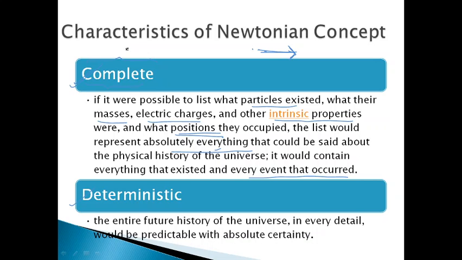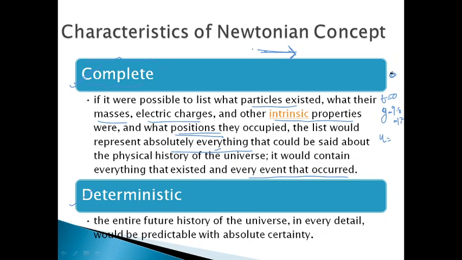This is one of the main characteristics of the Newtonian concept. For example, suppose you drop a ball from an aeroplane, and the ball is in the air at time t equal to 0. If you know the gravitational acceleration g, which is 9.8 meters per second squared, and the initial velocity at which the ball was launched, then you will be able to find its velocities at different times, and its past history can be predicted.